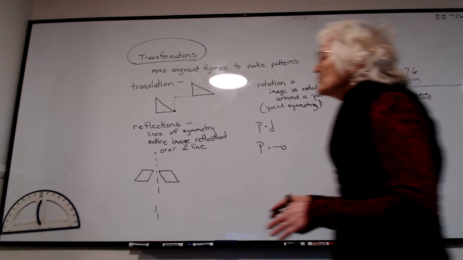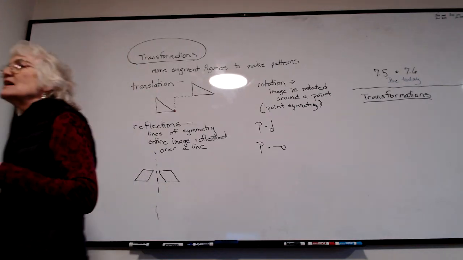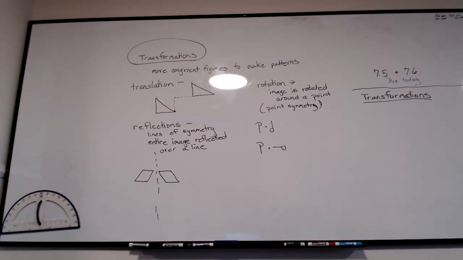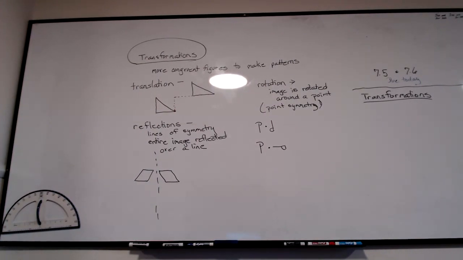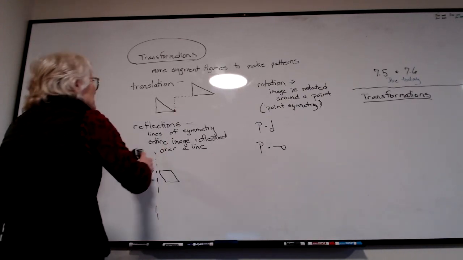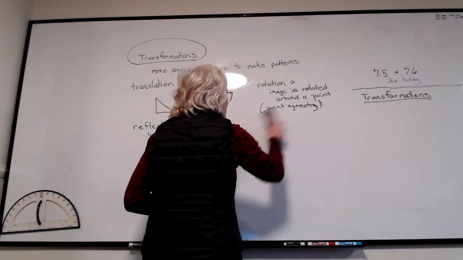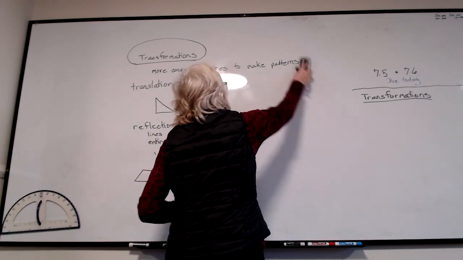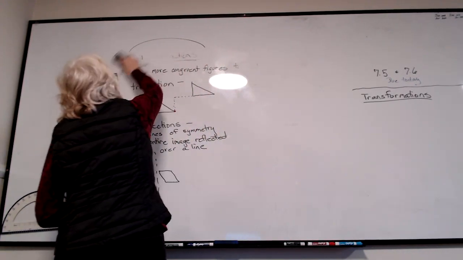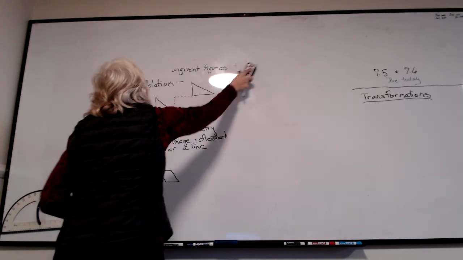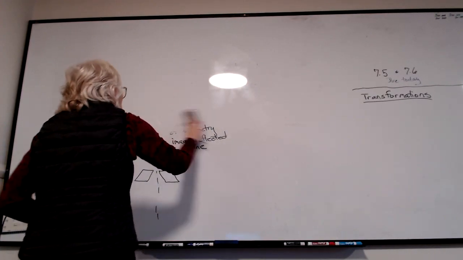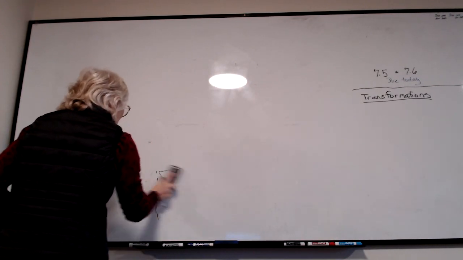Now, there's one more transformation, but it does not keep the figure congruent. This is more used in the infinite series. Okay, so this is the last transformation that we have. And it's actually called a dilation.